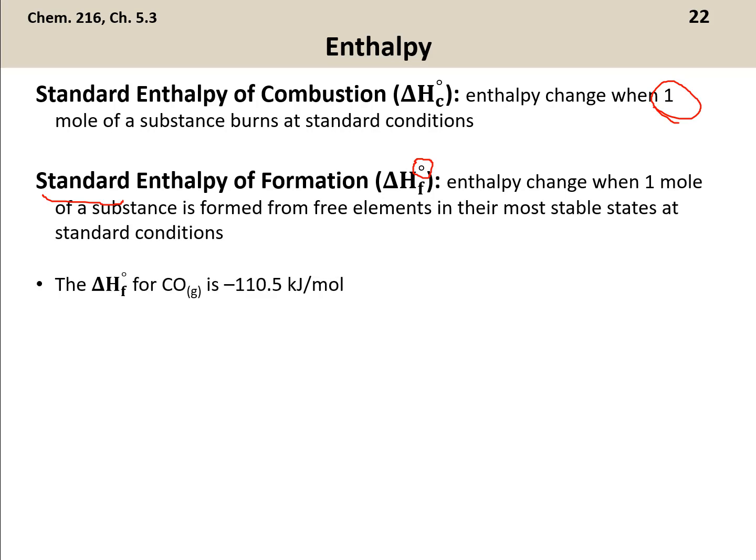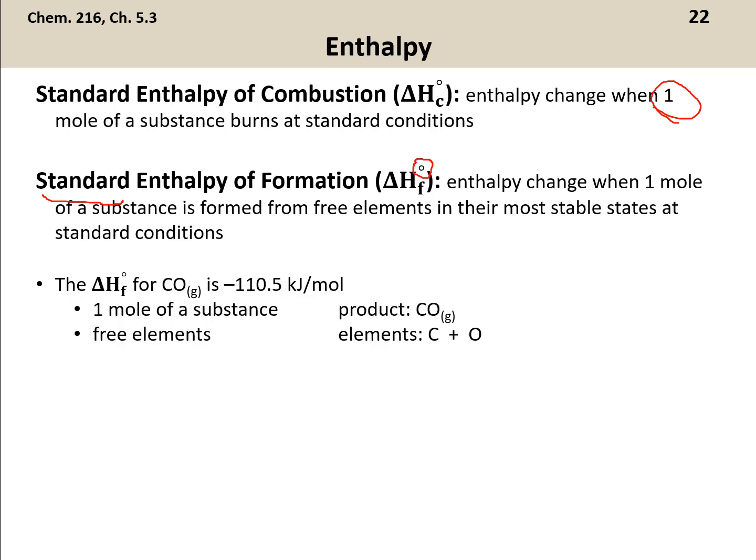All right. So let's say I tell you that the delta HF for CO is negative 110.5 kilojoules per mole. So what does that mean? Well, I'm going to create 1 mole of CO. That means it's my product, right?